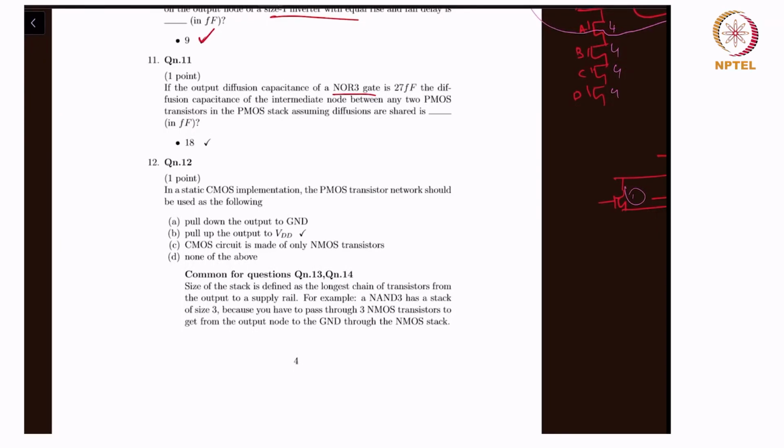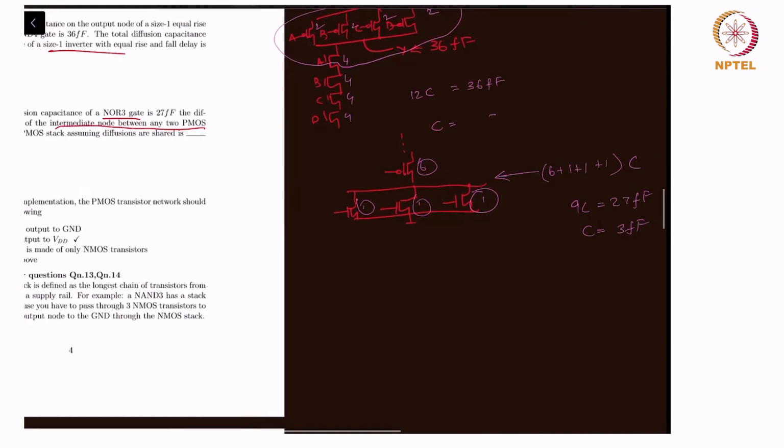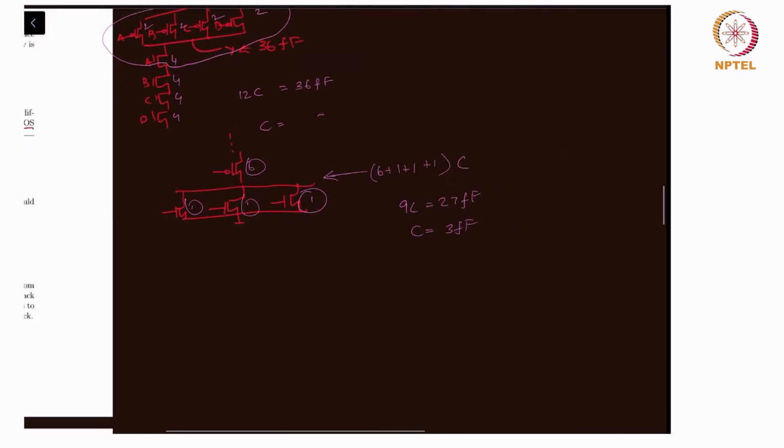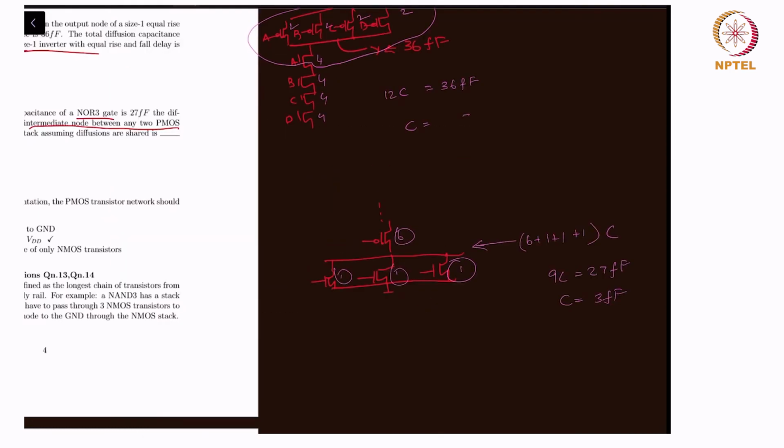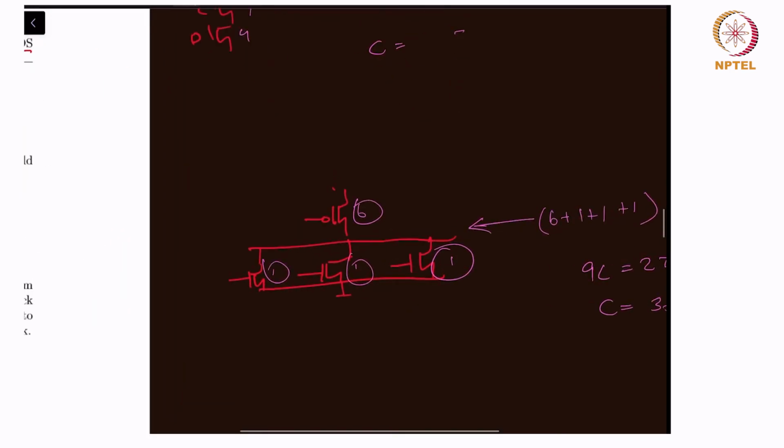And the diffusion cap of the intermediate node between any two PMOS transistors, right? So now we will look at the P stack as well, right? So this is the P stack, and we are asked to find what the diffusion capacitance on the intermediate node is, right?